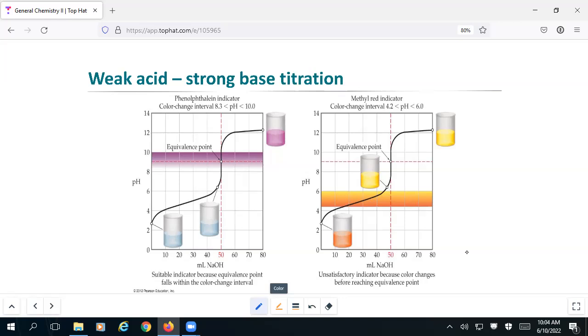If we use phenolphthalein, we will see the color change going from colorless to pink to dark pink, and that transition happens right around the proposed pH of that equivalence point, which is why we're training you to look for the first sign of coloration. Why the first sign of coloration? Because that's exactly where the equivalence point should be.